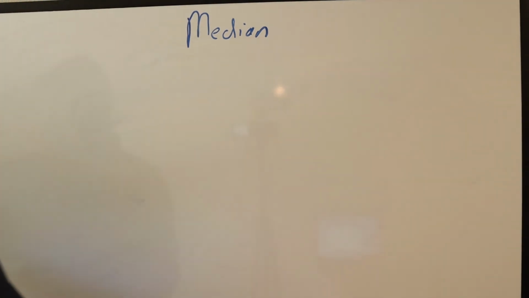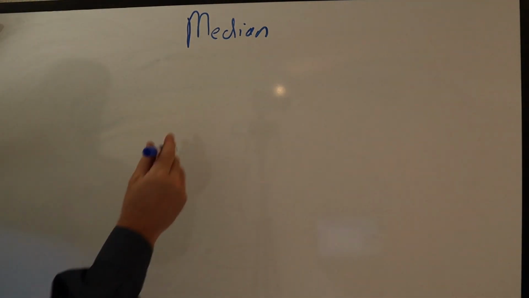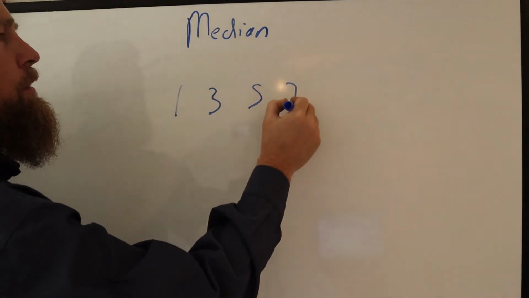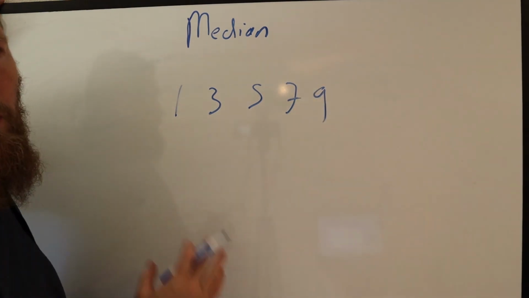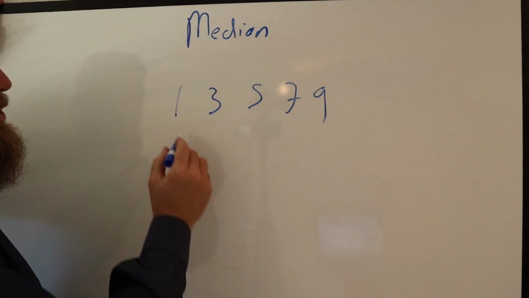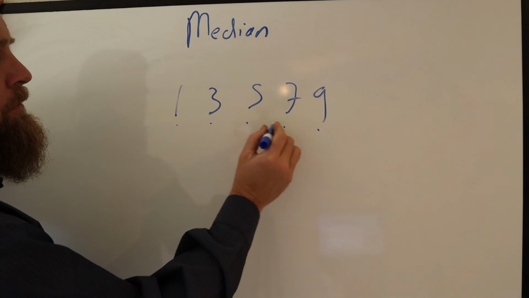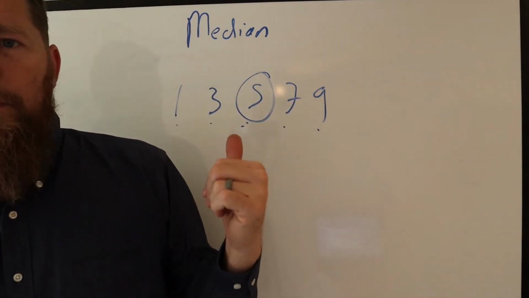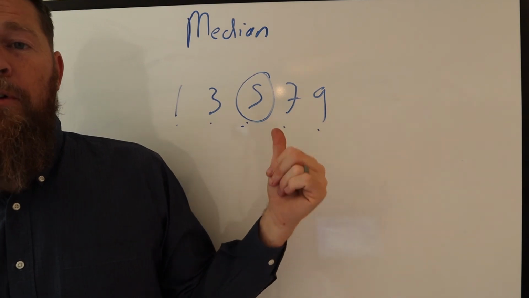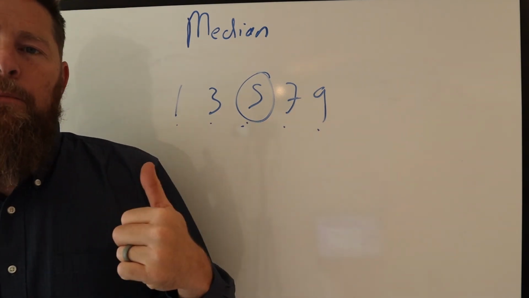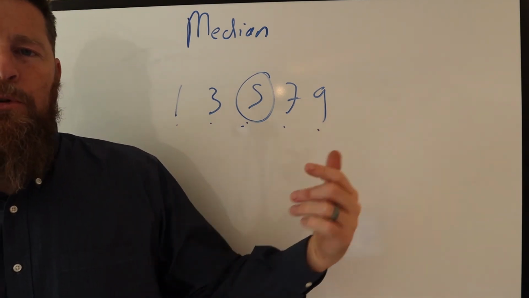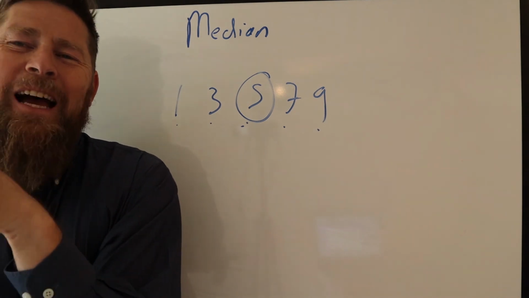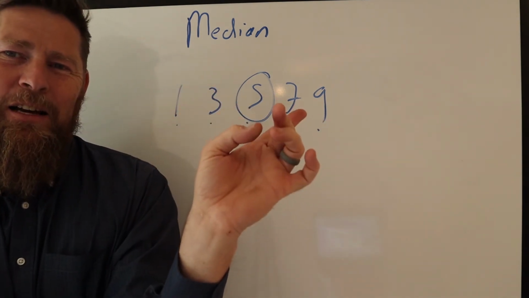What do you do if you have an odd number of scores? 1, 3, 5, 7, 9, that's your distribution. Well, you just count to the middle one. That is your median. 1, 3, 5, 7, 9. 5 is a score that half the numbers are below and half the numbers are above. Not really, because you see there's an odd number here.